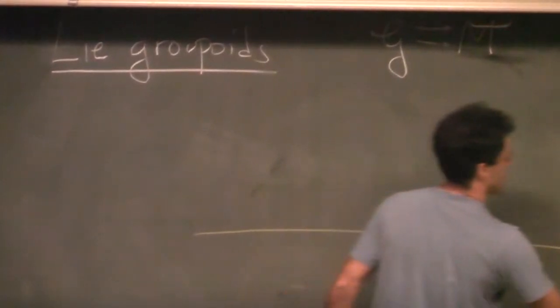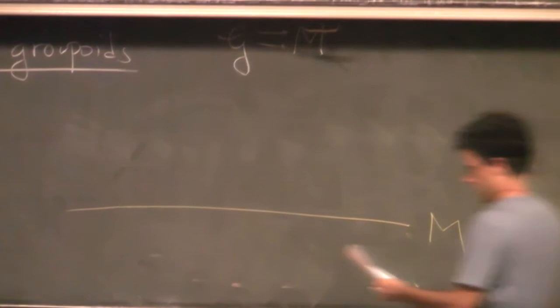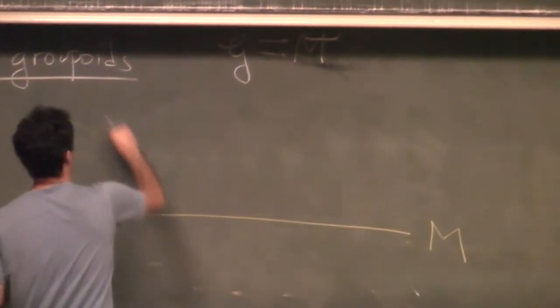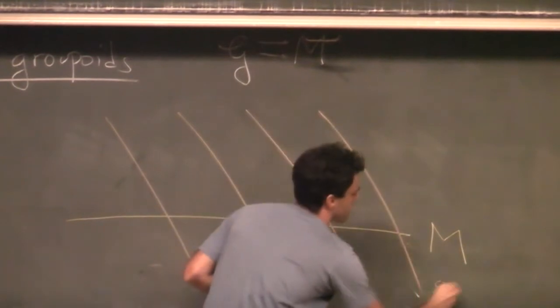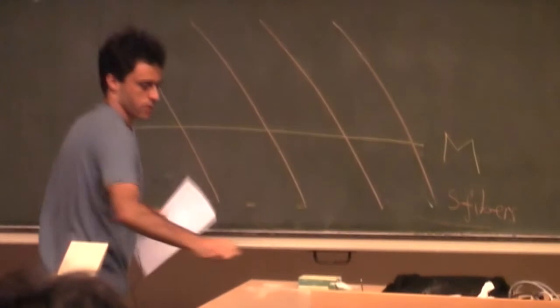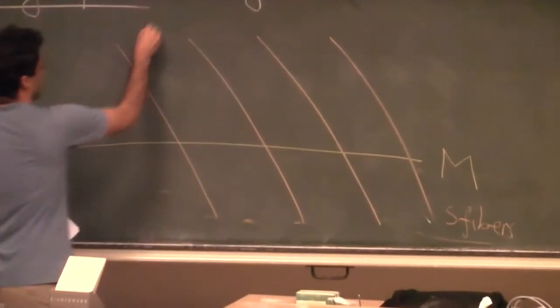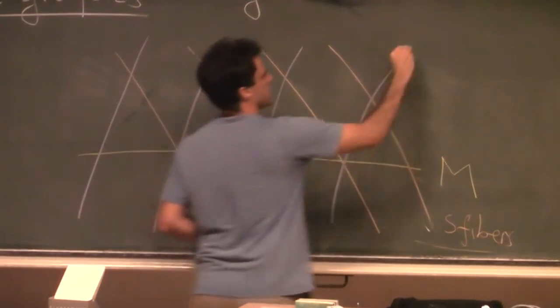This is M, the base of the groupoid, and I think I represented before, you have S fibers, and then you have T fibers.